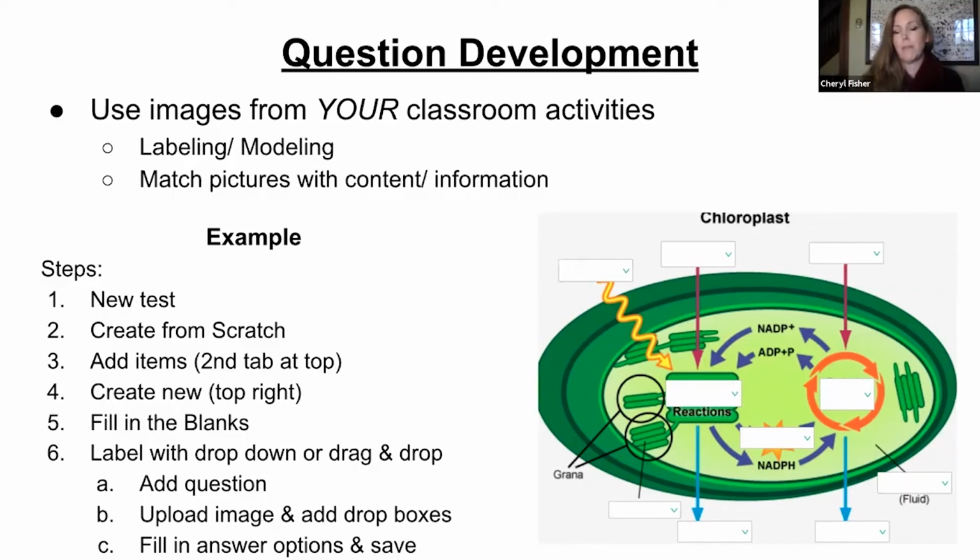And these are little drop-down tabs attached to every single one of these pictures. Now, depending on the type of population that I have, maybe I would limit the number of answers. But this was really a formative assessment just to see how they had done on that day's activity.